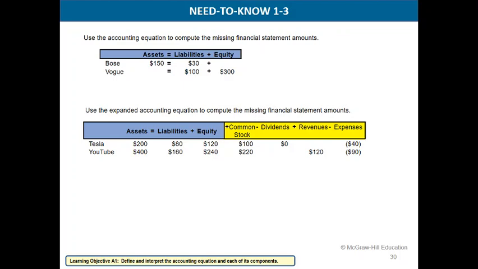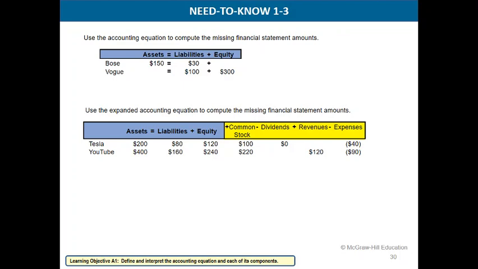All right, so let's do some of this stuff. So it says use the accounting equation to compute the missing financial statement amounts.